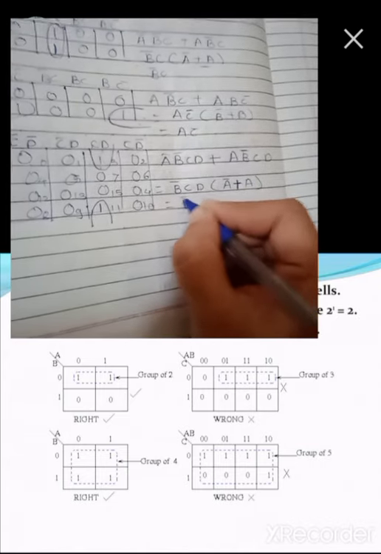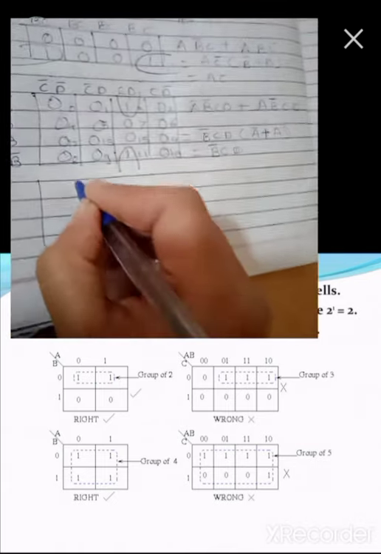So the answer is B bar, C, D. So this is called solving K-map, or pairing in K-map. I will see the next example.